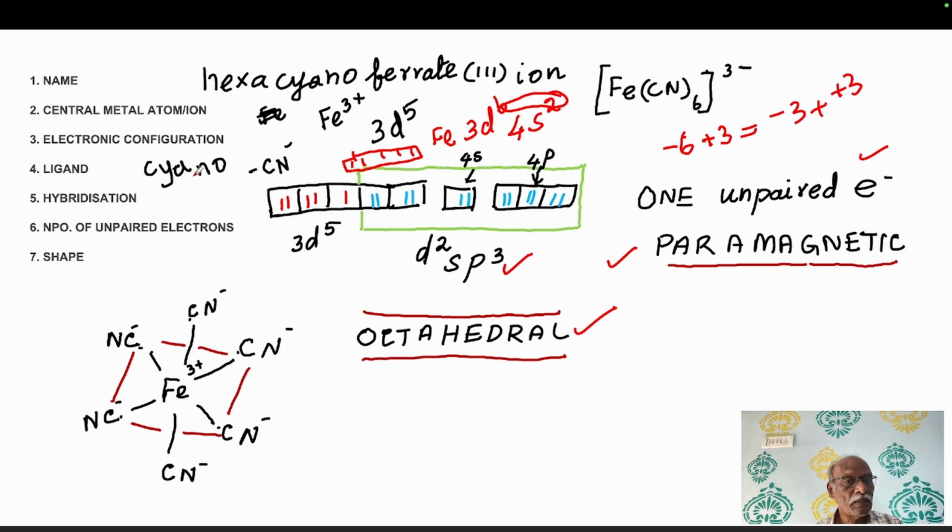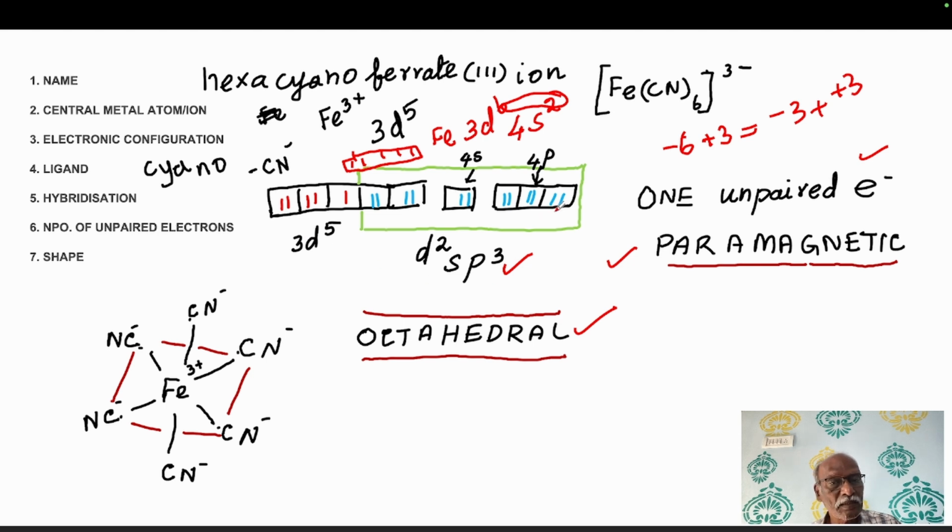The ligand is cyano, whose symbol is CN minus. The electronic configuration of the hybrid orbital is this. In the 3d5 orbitals, 3 orbitals are holding the 5 electrons of the iron. The other 2 3d orbitals are used up for hybridization, giving rise to 6 d2sp3 orbitals.